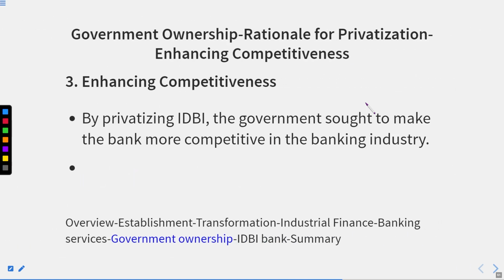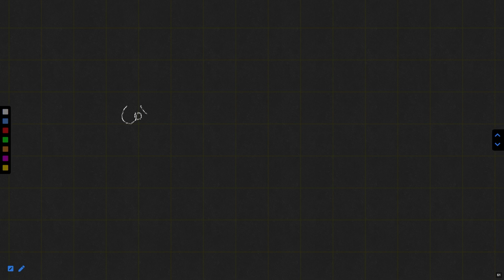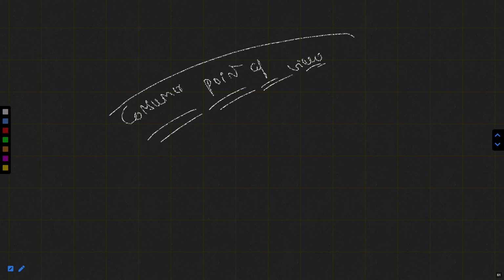Thereafter, enhancing competitiveness. Look, competition is very, very necessary, not only from the consumer point of view, that consumers will benefit if there is competition in the market. Why is competition necessary?